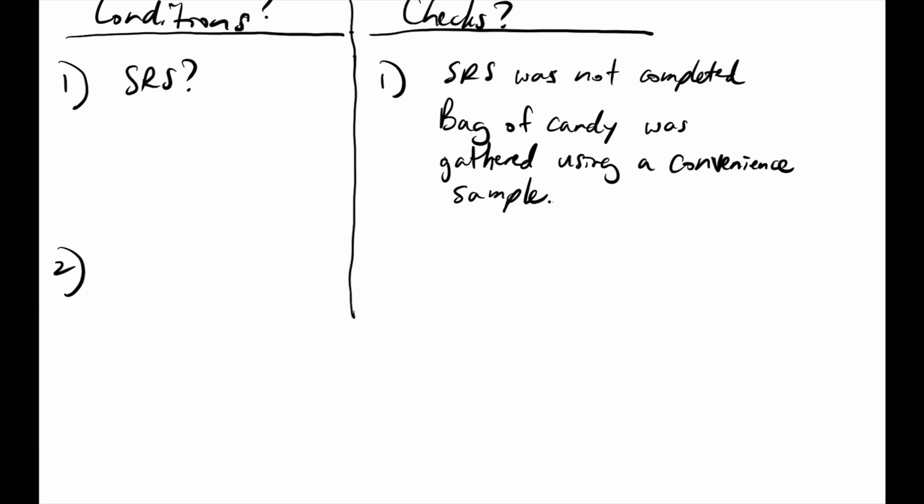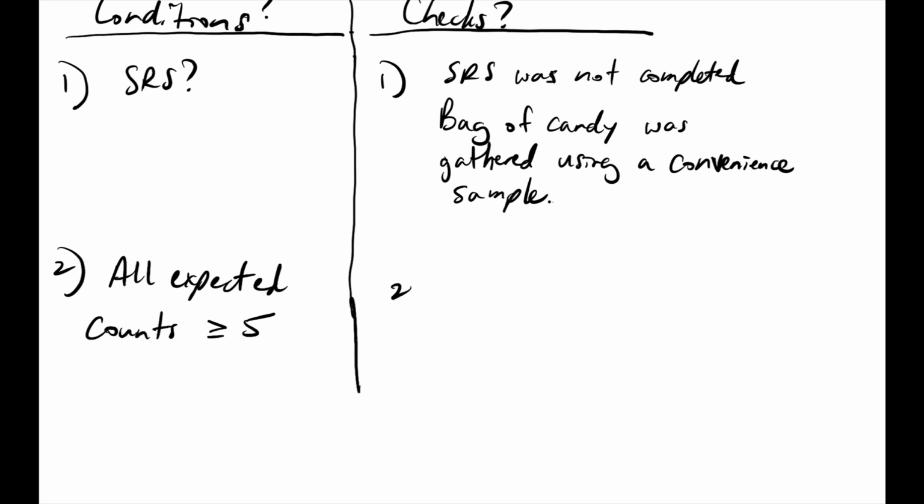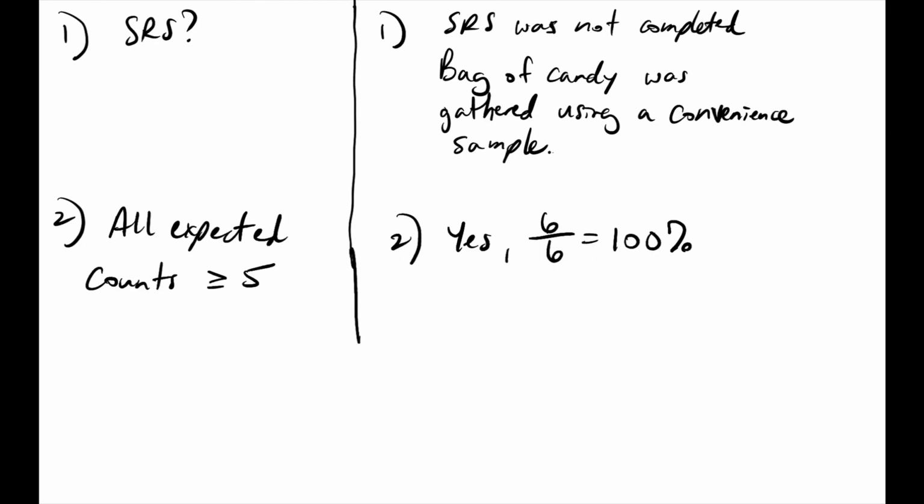So number 2 says all expected counts greater than or equal to 5. Yes, so we say yes. 6 out of 6 equals 100% of them are above 5. Okay, that's the second one.